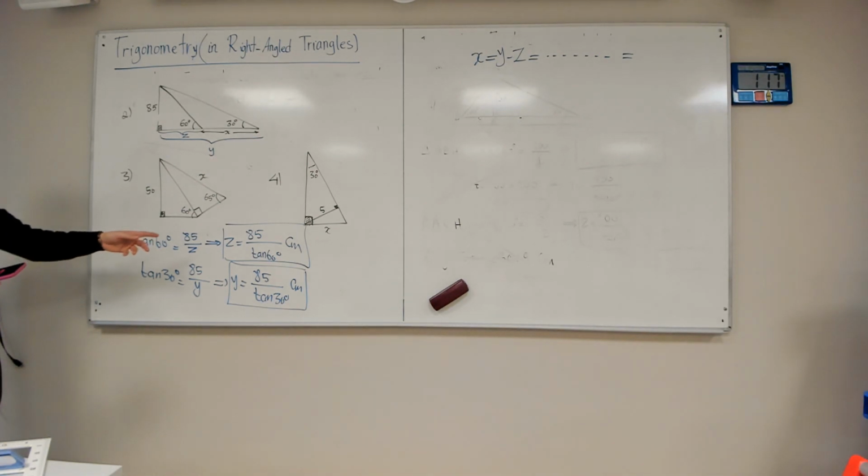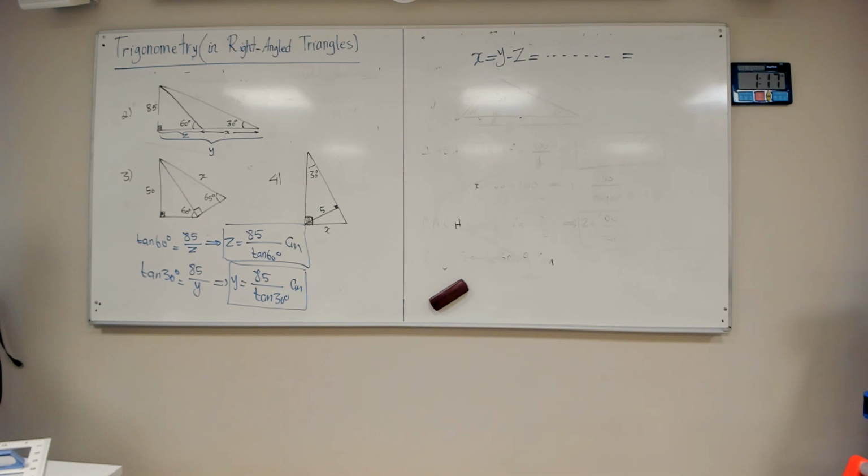So I get y, which is 85 divided by tangent of, where is the tangent button? Okay, tangent of, what was that? The bigger one is y, 30. Yes.